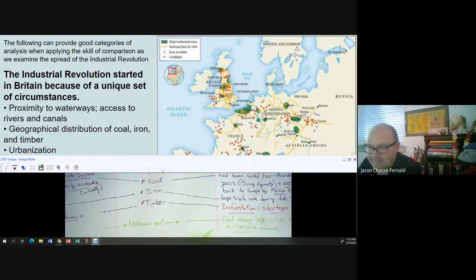And England does have a major city, an old city going way back to Roman times, London. But what we're talking about here is a new process underway in the north of England.